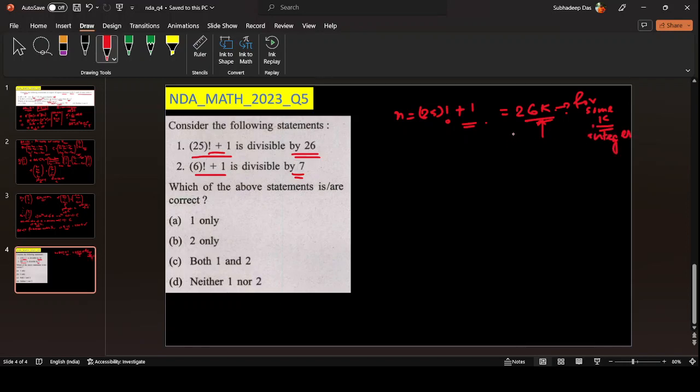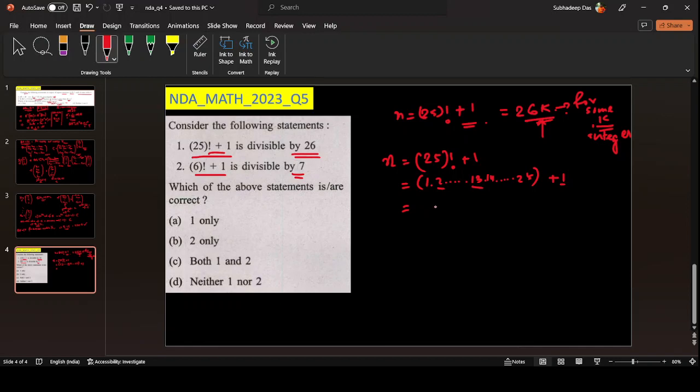Now see that in n, it is 25 factorial plus 1. In 25 factorial, that means 1, 2, up to 25, there exists a 13 in between, 14 and 25, plus 1. So we can get a 2 and 13 here, multiplication.